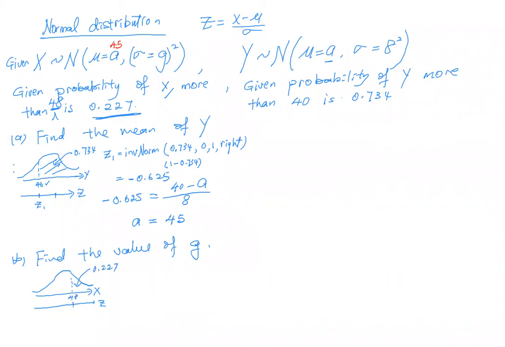So your Z2. If you don't want to say Z2, you can just say Z, that is also fine. My Z2 is also inverse norm 0.227, 0, 1. Same thing, right? The other one is you just have to minus.